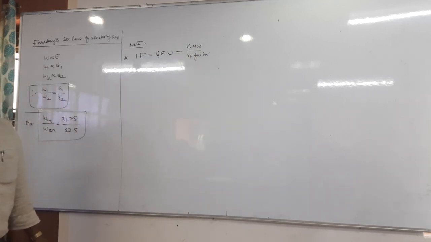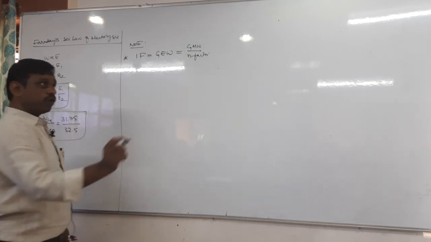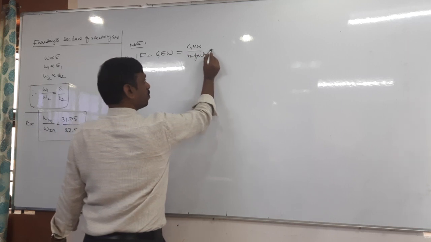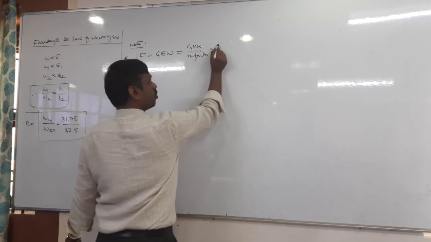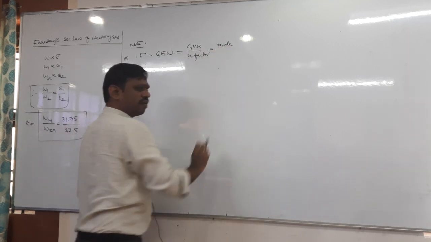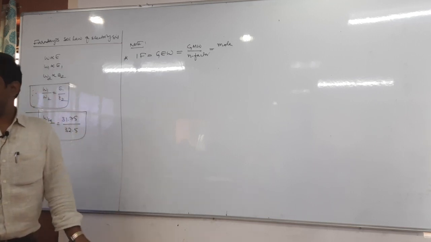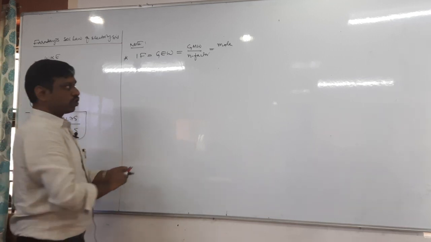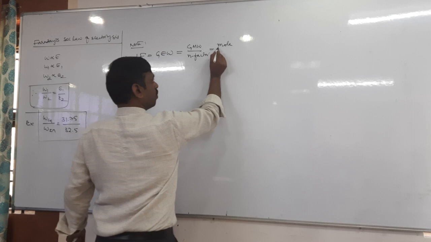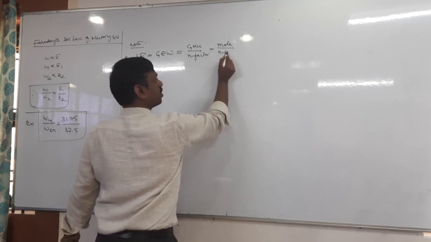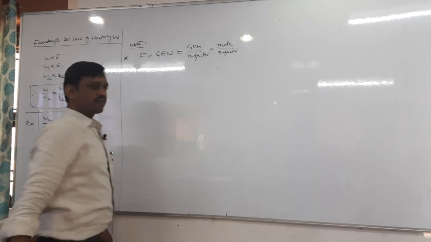And gram molecular weight is always equal to 1 mole, right? So gram equivalent weight equals 1 mole divided by n factor.